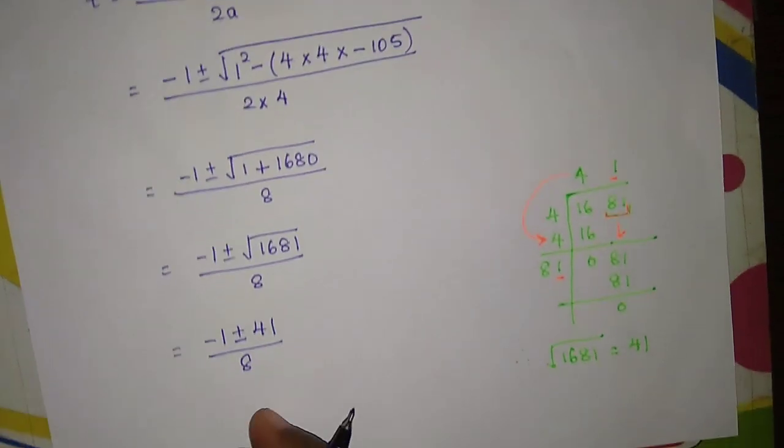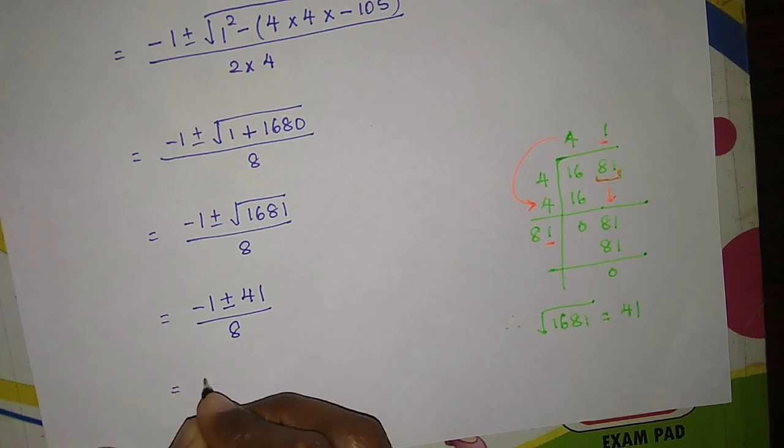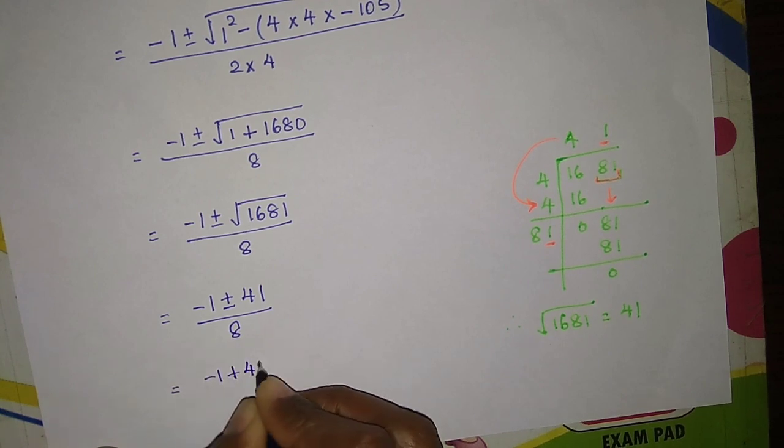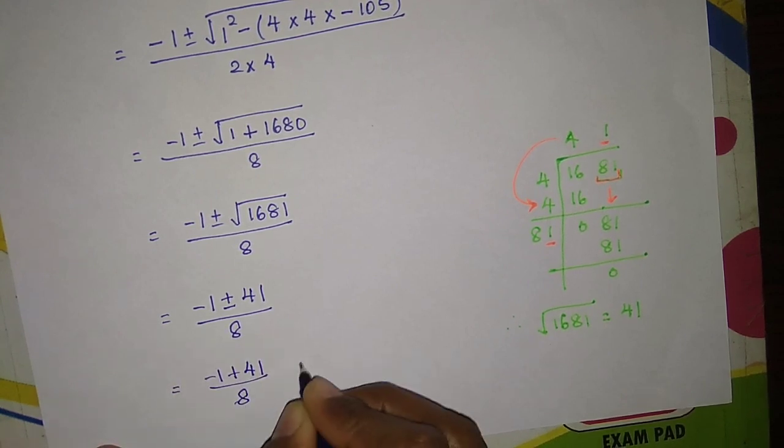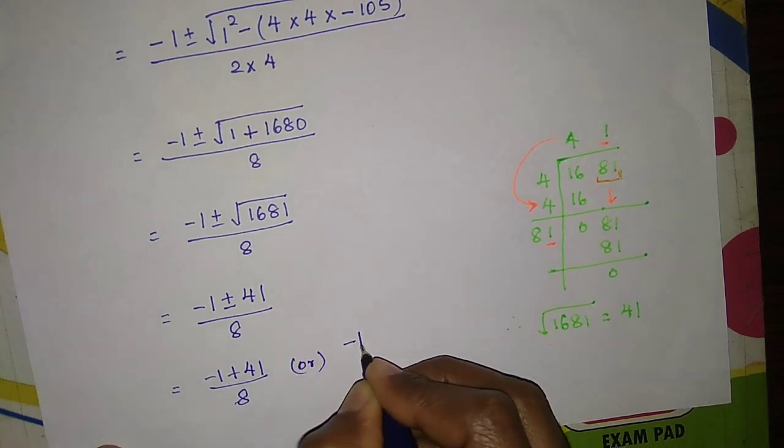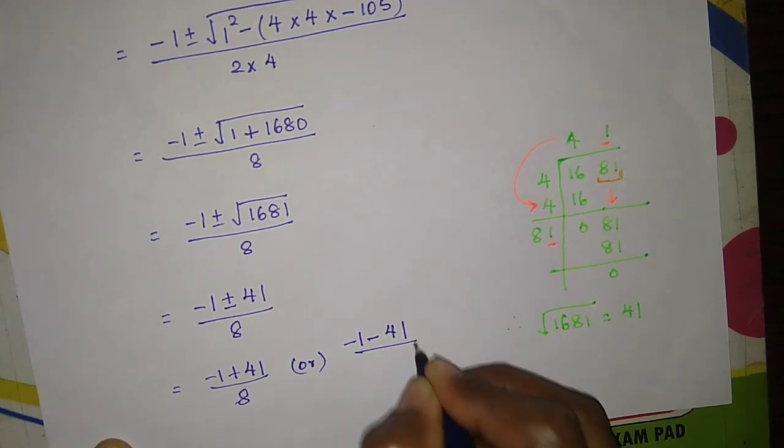Now we have to split this number. That is equal to minus 1 plus 41 divided by 8 or minus 1 minus 41 by 8.